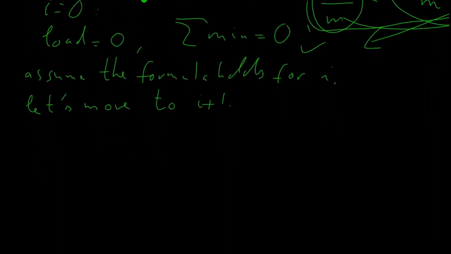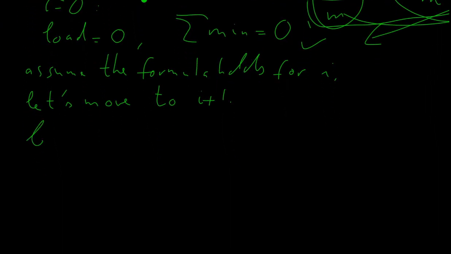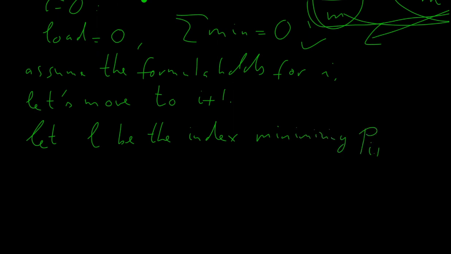Okay, so let l be the index of the machine minimizing the i plus 1 job's cost. So this is just the index of the machine on which the next job would cost the least possible value.